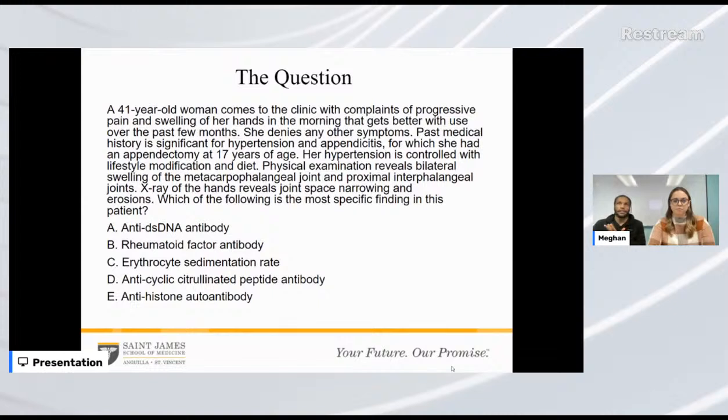Lastly, our X-ray shows joint space narrowing, which pretty much just tells us arthritis, but the key thing is that erosions are present. All of those things combined give us an idea of the diagnosis, and from there we can figure out which antibody is responsible for those symptoms.